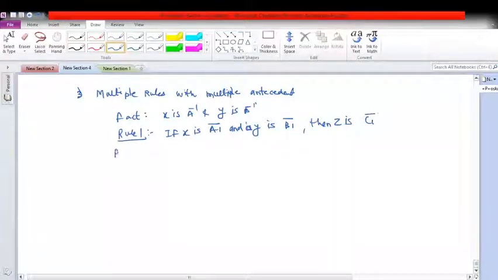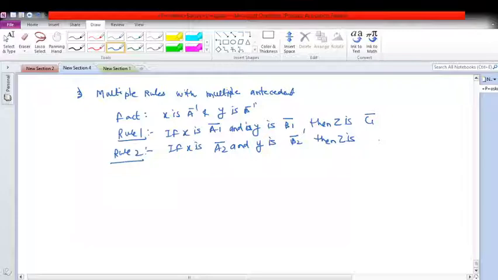Okay, and again I will form one more rule. It says that if x is a2 bar and y is b2 bar, then z is c2 bar. Now what is the fact? X is a bar dash, and y is b bar dash, then what is the consequence? Consequence will be z is c bar dash.